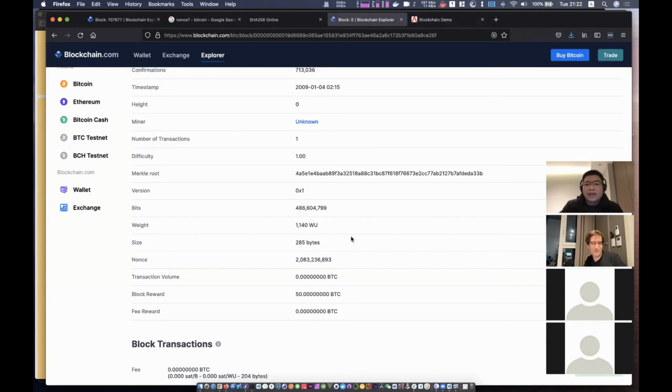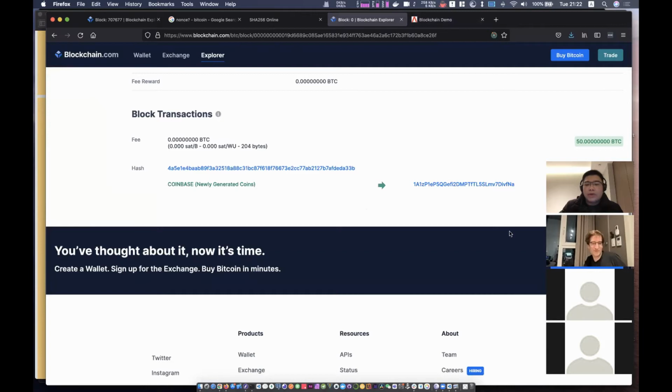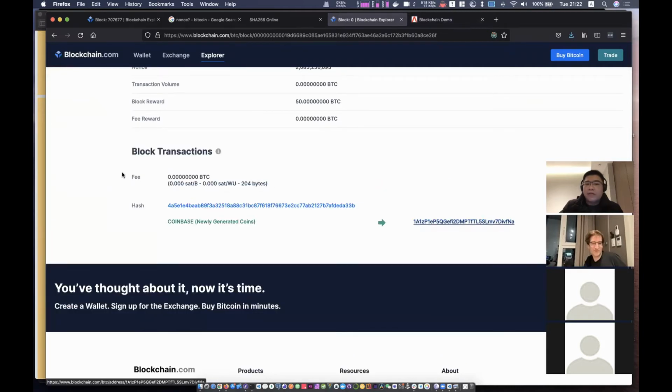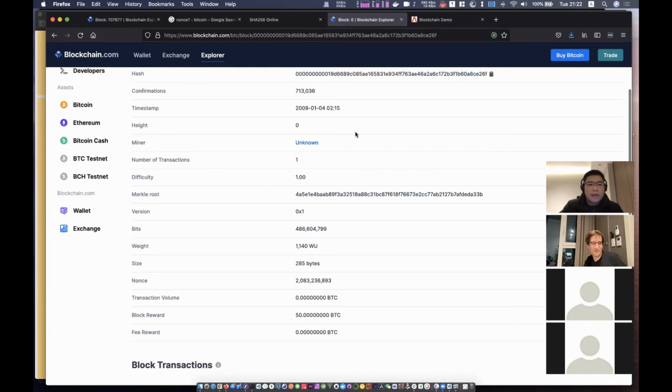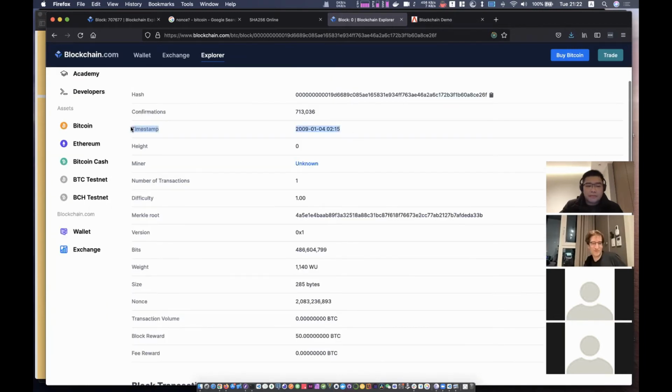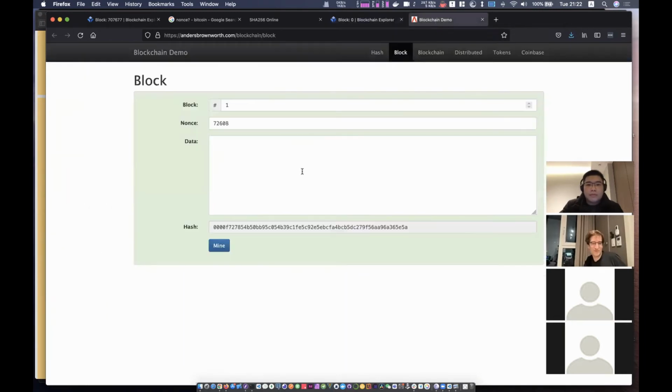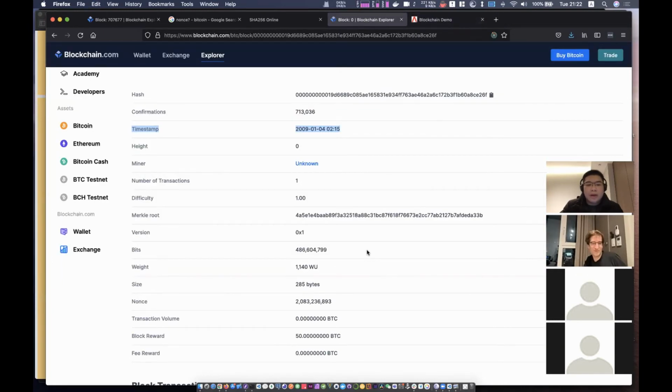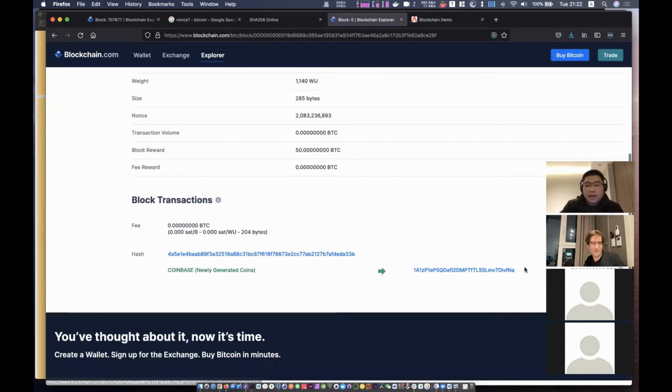In the real case, we need to copy the information for this block hash. Maybe we need the timestamp, maybe the data, maybe the transaction. Okay, let me copy the transaction.